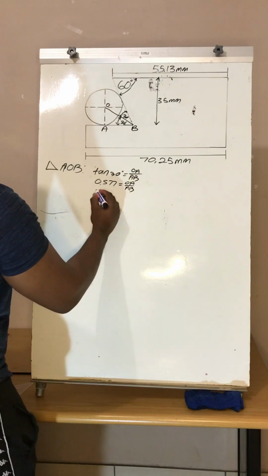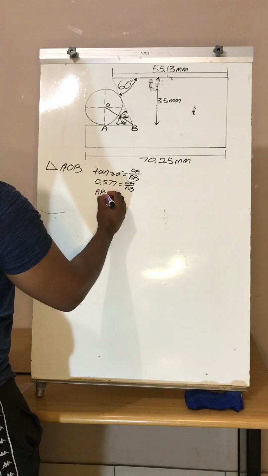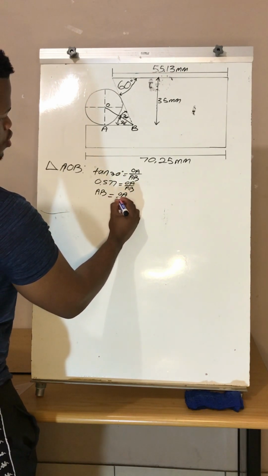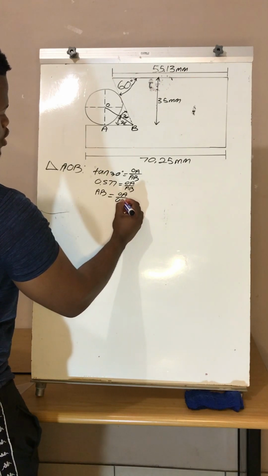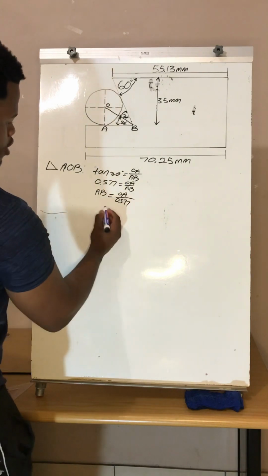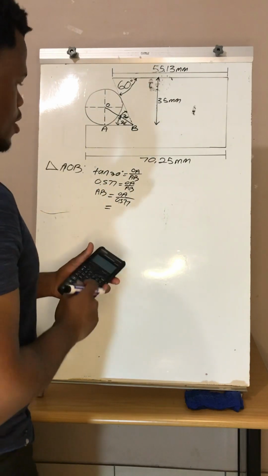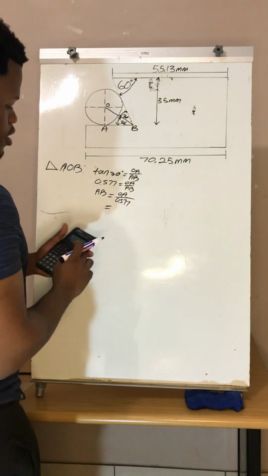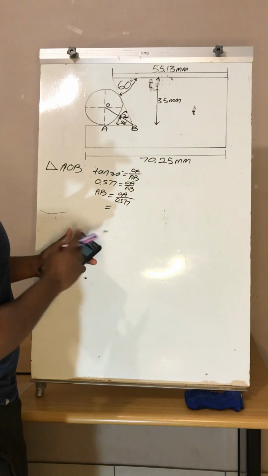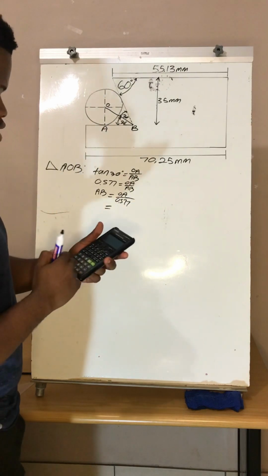We can make AB the subject of the formula. AB is equal to OA over 0.577. We can also write this by opening our brackets and raising 0.577 to the power -1 to have just a solid answer.